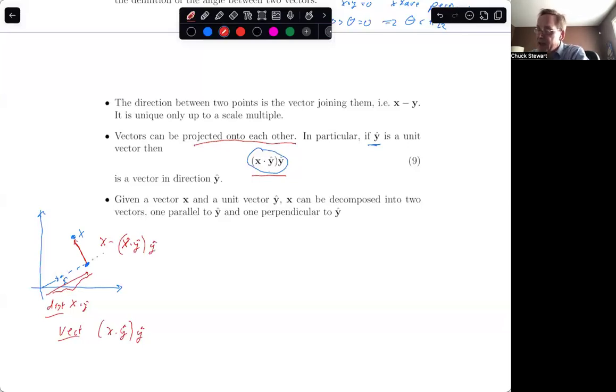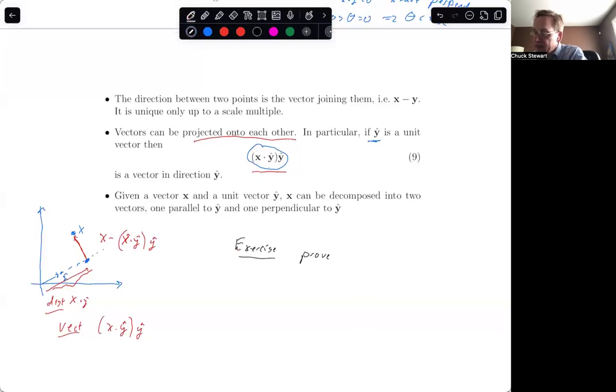And then as an exercise, you can prove that x dot y hat times y hat is perpendicular to x minus x dot y hat times y hat.